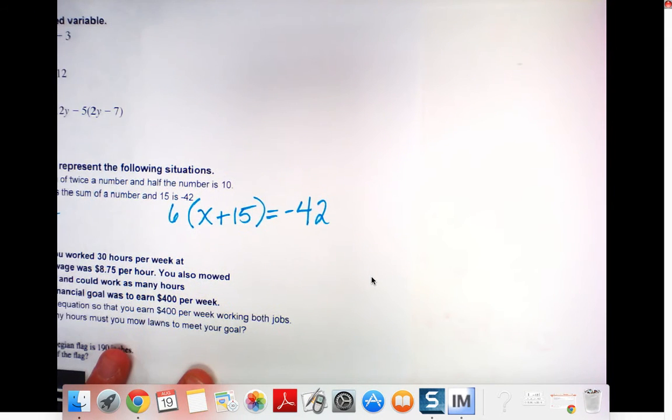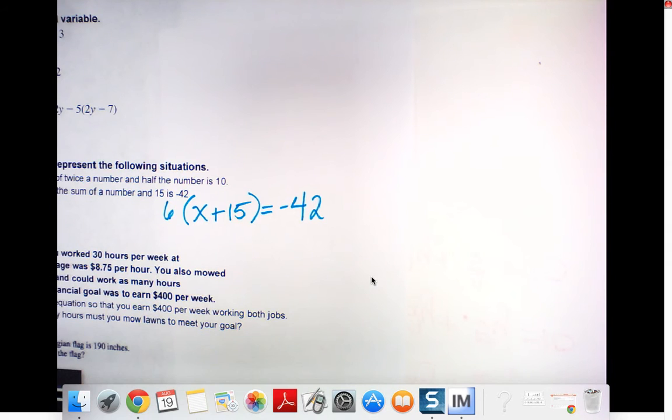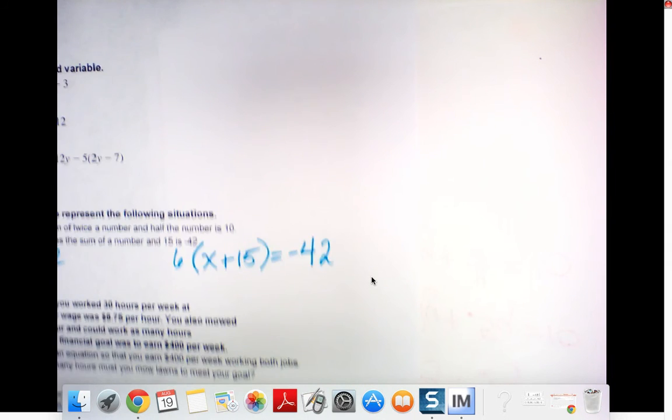So, very first thing that we'll do, you remember from my screencast yesterday, is draw a chart. The know, need to know, strategy chart.